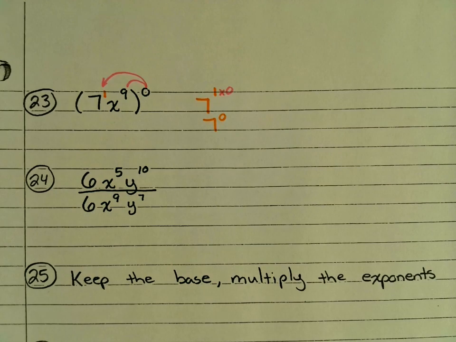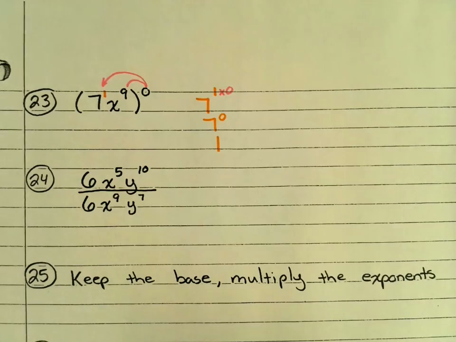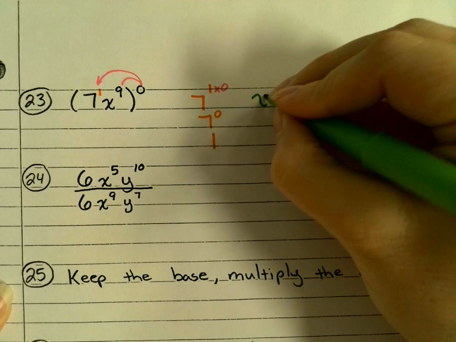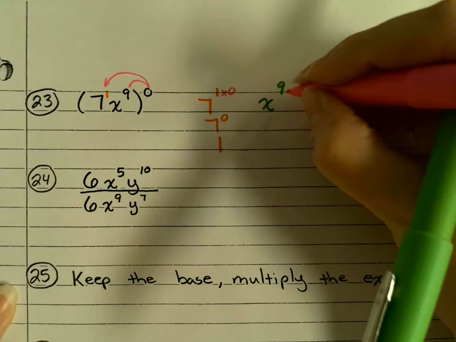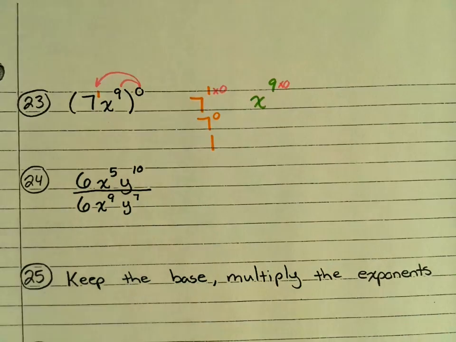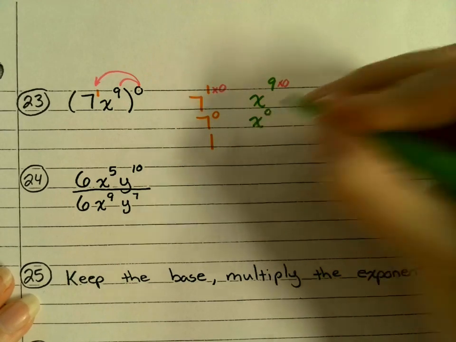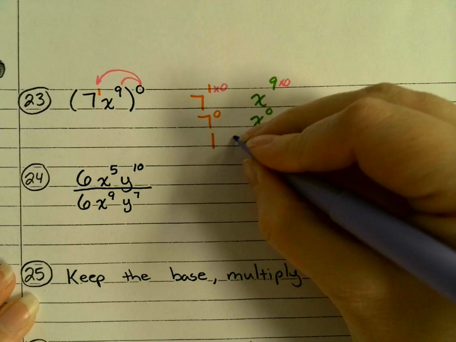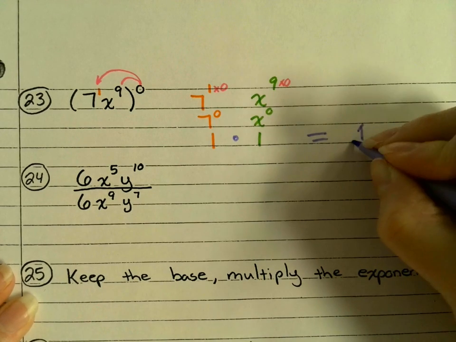And what's 7 to the 0 power? Well, 1. Okay, then I'm going to take that x. We get x to the 9th power, and we're going to multiply it by 0, which is going to give me x to the 0 power, and x to the 0 power equals 1. So if I multiply 1 times 1, I just get 1.